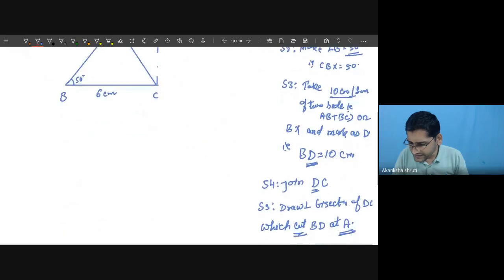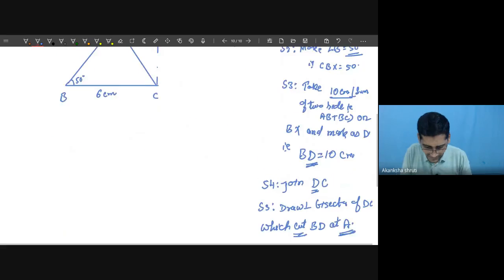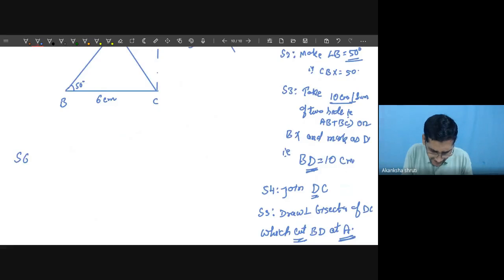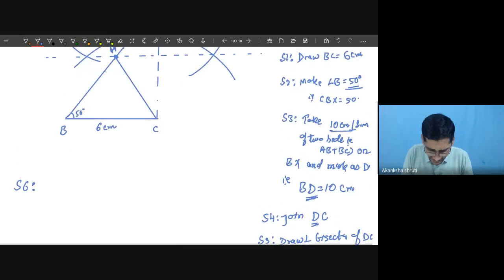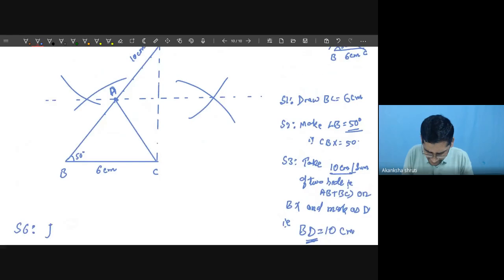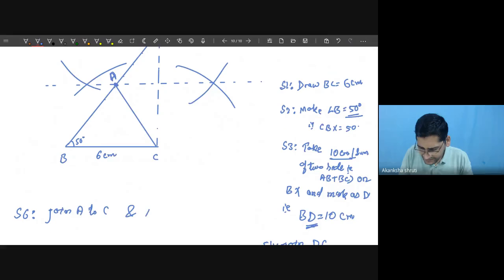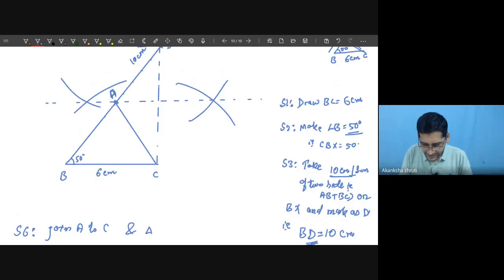Let me first write step number 6. After finding this point A, you have to join A to C, and triangle ABC is formed.